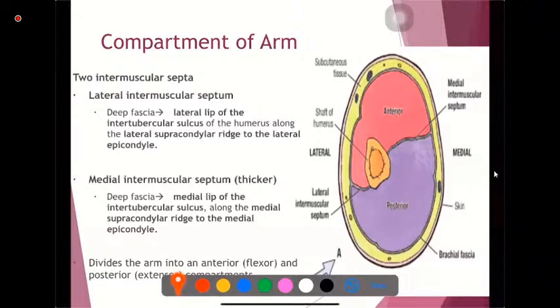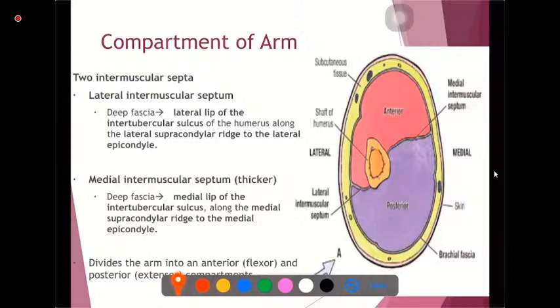You have these two septums, called the lateral and the medial intermuscular septum. The lateral septum is shorter and thinner, and as its name implies, it lies on the lateral side, attaching to the lateral part of the humerus.